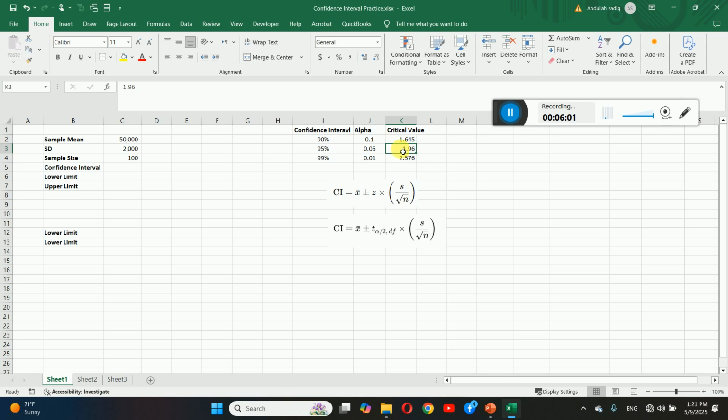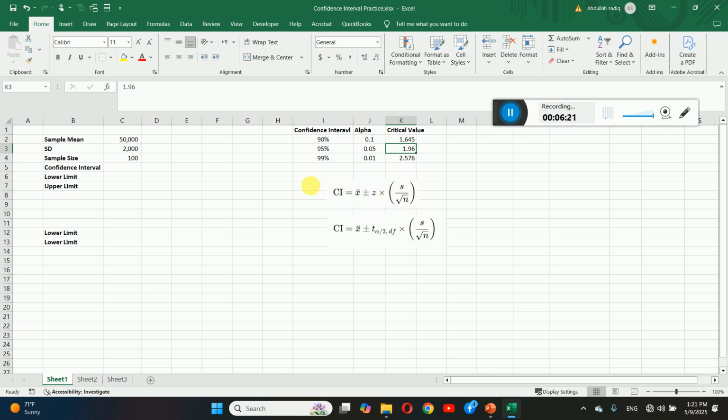You can find it using an Excel function, or take this value from the table. Then plug in X bar, this critical value, multiplied by S, the standard deviation already given there, and this will give you the confidence interval, dear students.